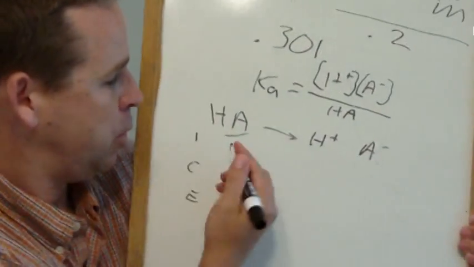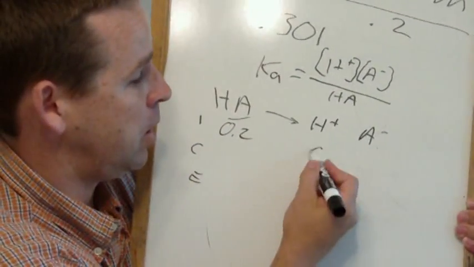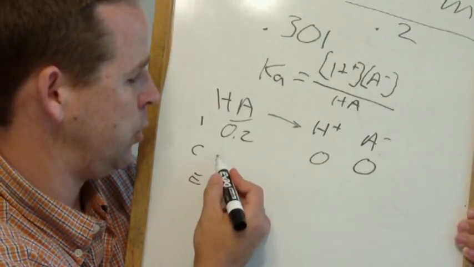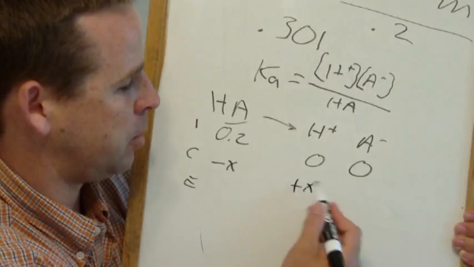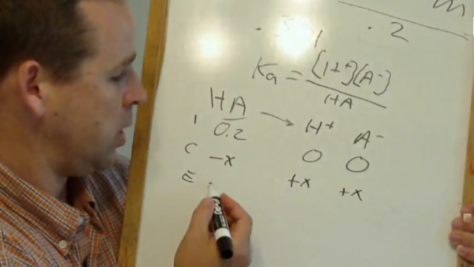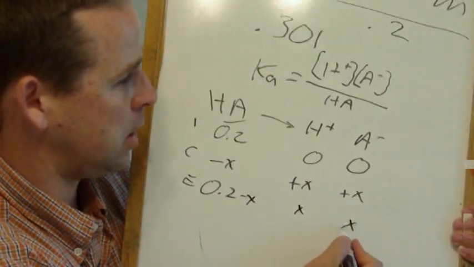Initially, we put in 0.2 molar of the HA, and we had none of this, correct? Some of this is going to be removed, minus X, and the same amount, plus X, is going to be added for both of these, right? And so at equilibrium, this is going to be 0.2 minus X, and this is going to be X and X.